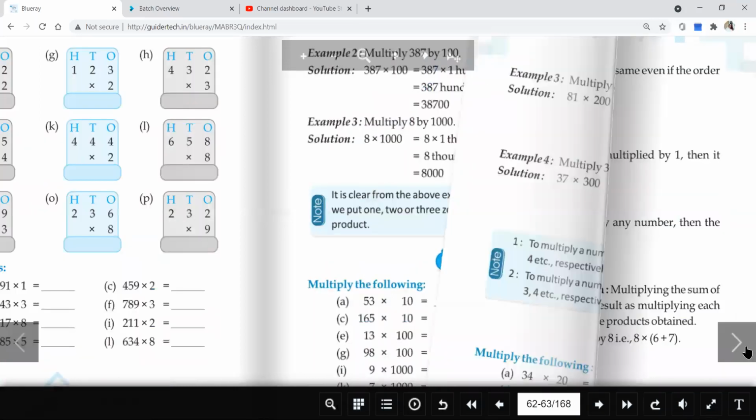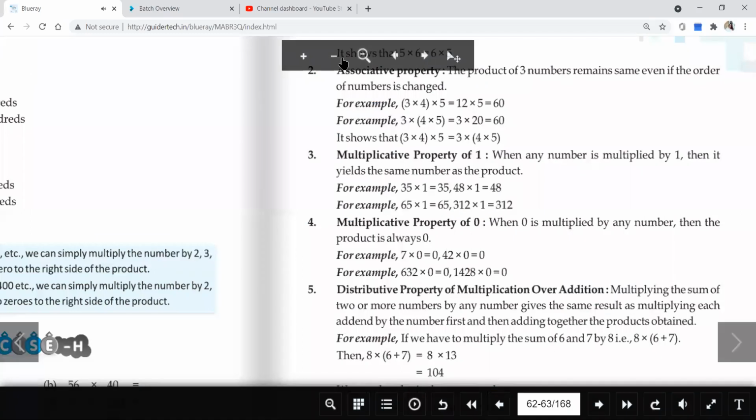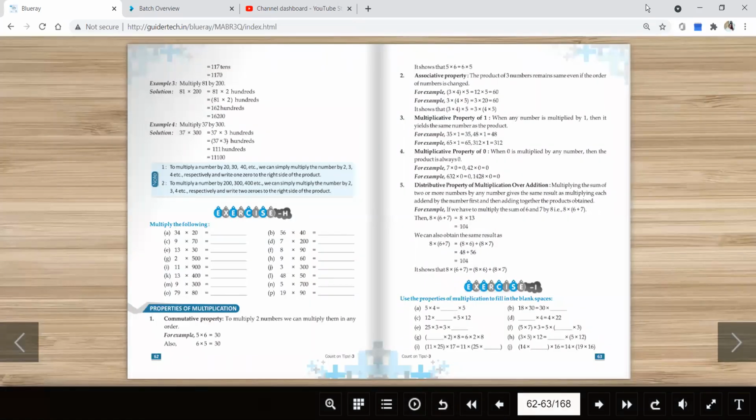So all of you open page 62 and 63. Okay, so properties I will start.